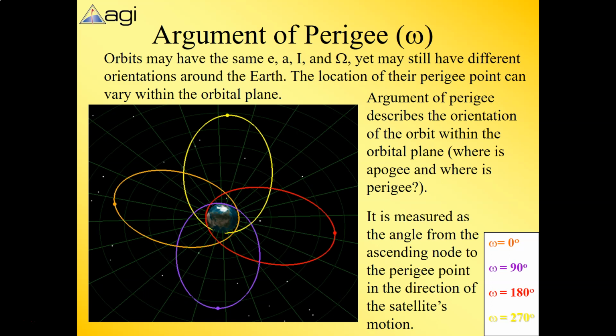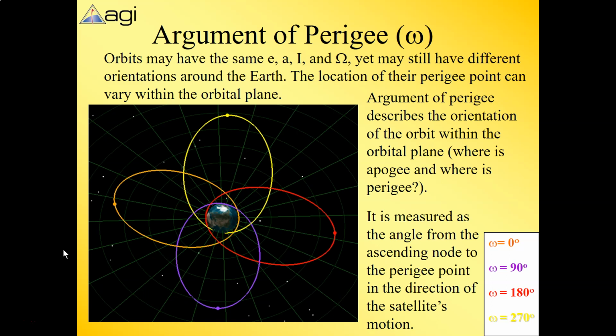What is different about them is that they have still yet another way of describing the orientation, and this is the location of their perigee point. And it can vary based on the orbital plane. Argument of perigee describes the orientation of the orbit within the orbital plane. Where is the apogee and where is the perigee?